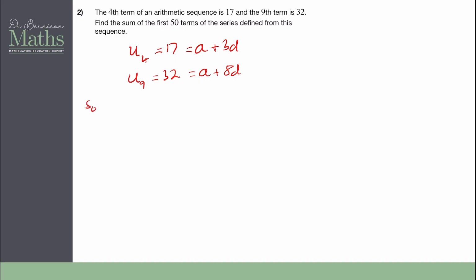So we've got two equations. A plus 3d equals 17, and a plus 8d equals 32.